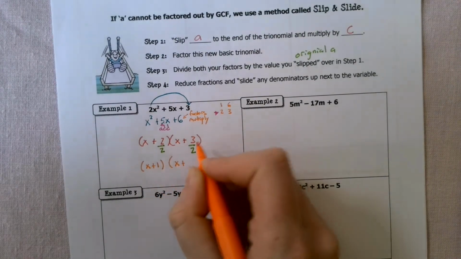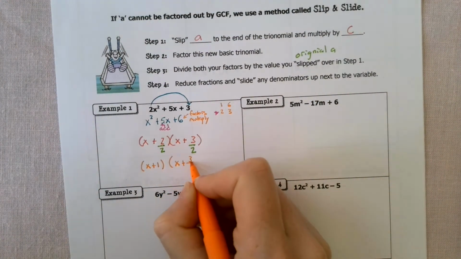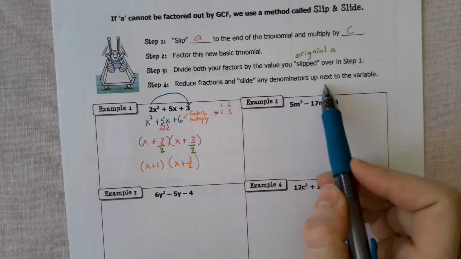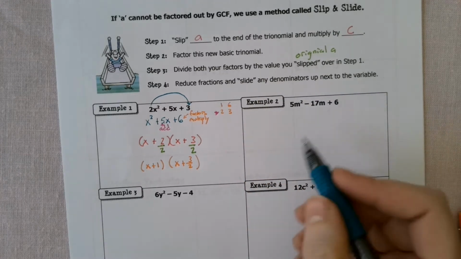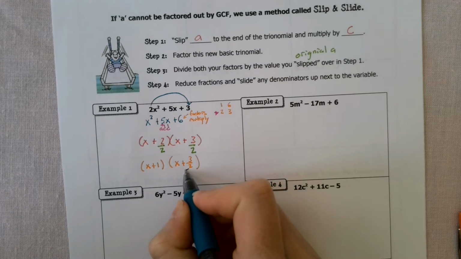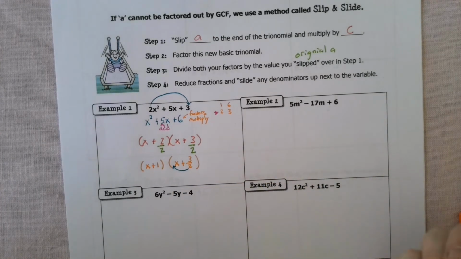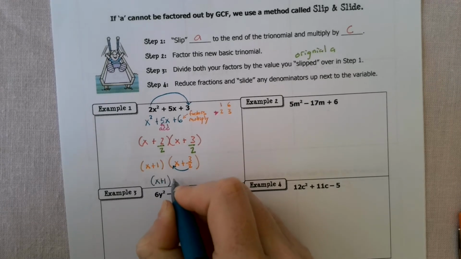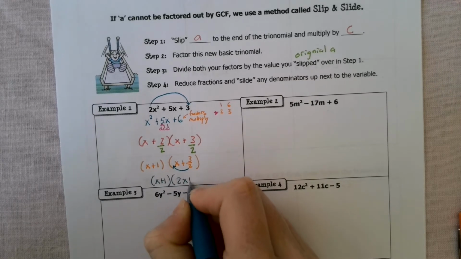And then 3 divided by 2 does not reduce. Okay, so since we reduced, now we need to slide any denominators up to the next variable. So I'm going to slide this 2 in front of this x. So our final answer is going to be x plus 1, 2x plus 3.